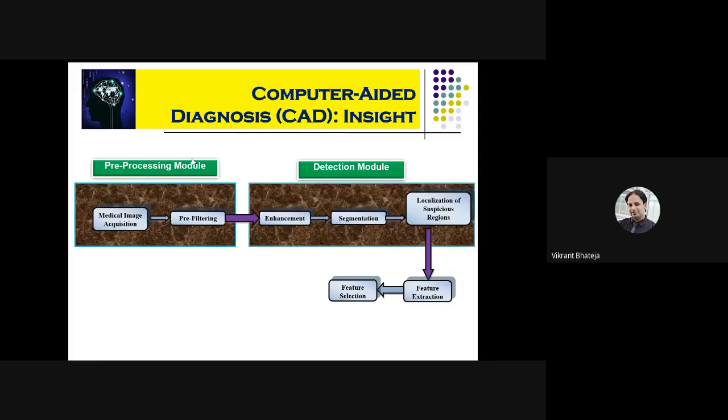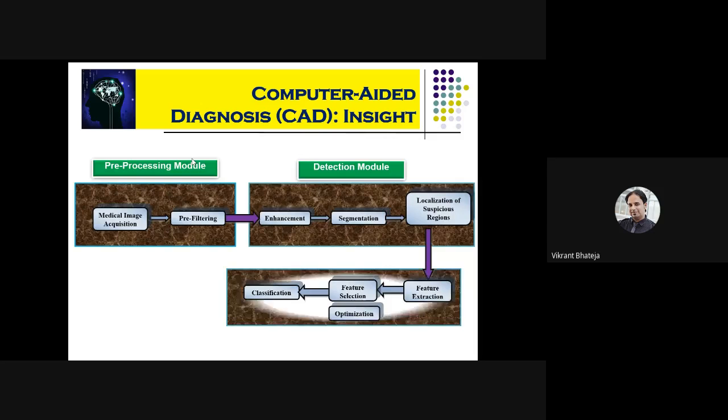So feature selection can be carried out, feature fusion can be carried out, optimization of features can be carried out, and at the final stage a classifier or a machine learning tool like ANN, SVM, or a deep learner may be incorporated, so that you get a complete diagnosis of whether a given region of interest is cancerous or non-cancerous, or normal or abnormal.